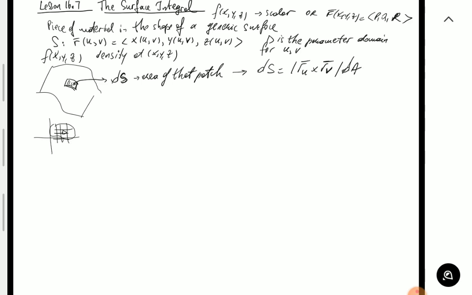Now, if I want to find the mass at this point, I'm going to multiply the density times the area, assuming, of course, the density is given as a unit of mass over unit of area.